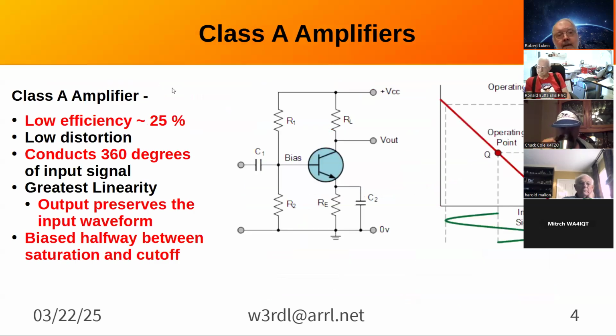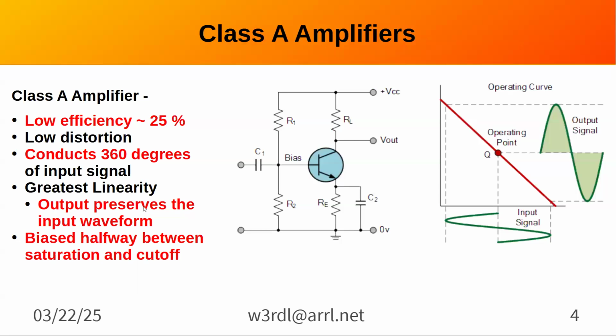So a class A is typically around 25% efficient. This is showing a typical transistor class A circuit where you're biasing the operation at essentially the midpoint between saturation and cutoff. And you assume that you have a tube or transistor that has fairly linear transconductance. In other words, constant gain on its range, which isn't true.